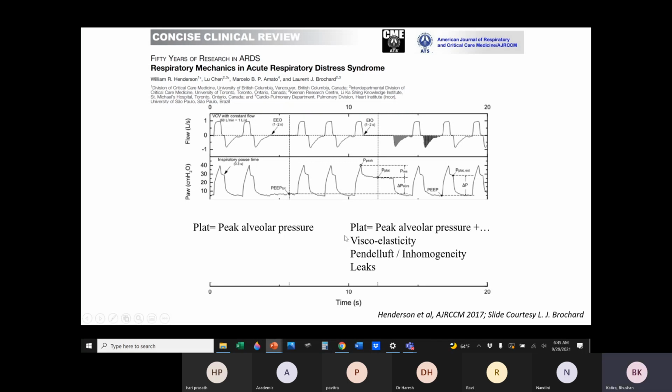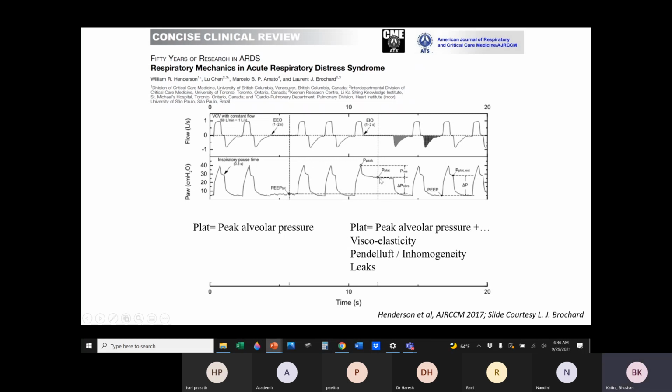If you keep it longer, then the plateau may be the peak alveolar pressure, or because the viscoelasticity of the lung becomes equalized, the peak alveolar pressure will drop, or because there may be a pendulum, in the sense the air moves from above downwards from some portion to the other portion, or if there is leak, or if there is inhomogeneity, then the peak alveolar pressure will start to drop.